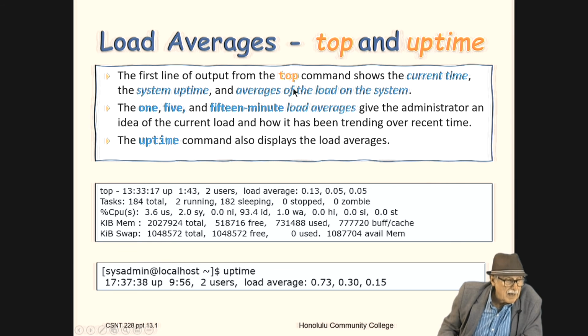The top command or this uptime command will show you 1 minute, 5 minute, and 15 minute load averages. They give the administrator an idea of the current load and how it's been trending over time.